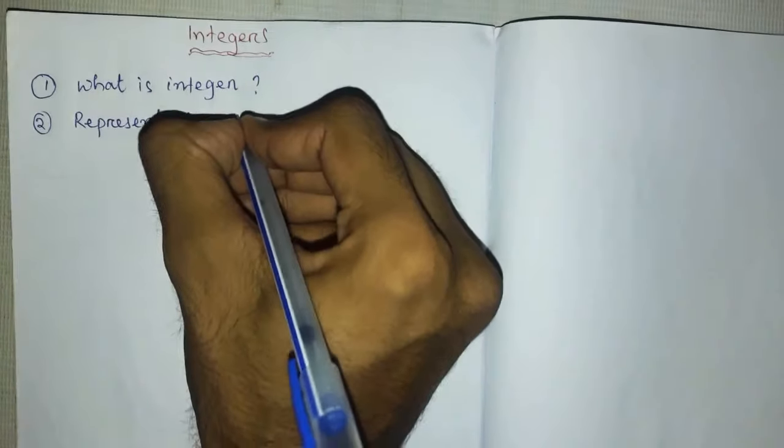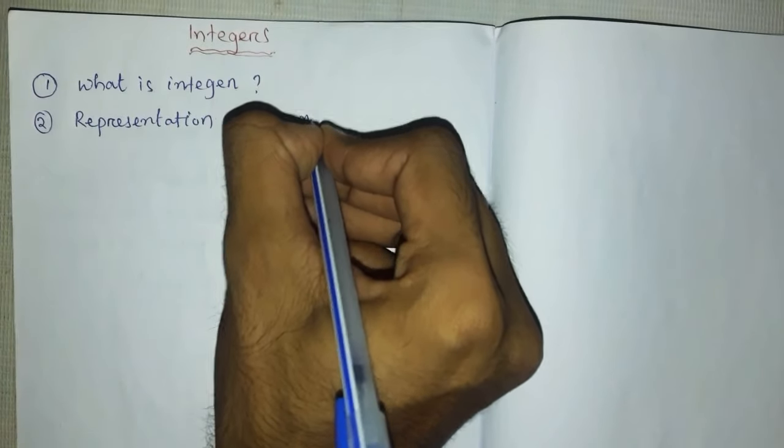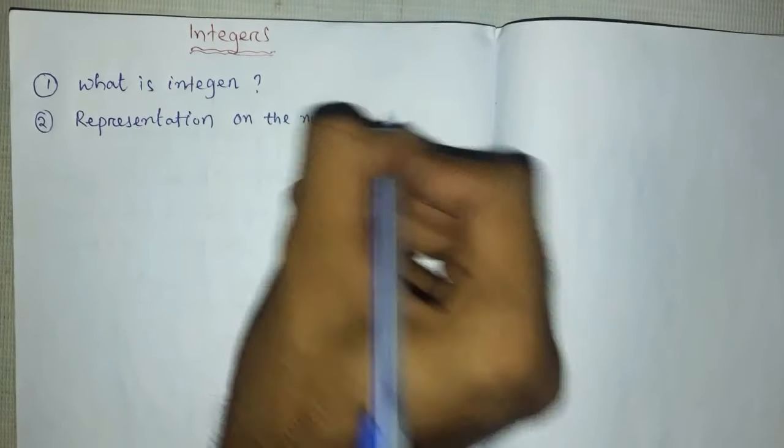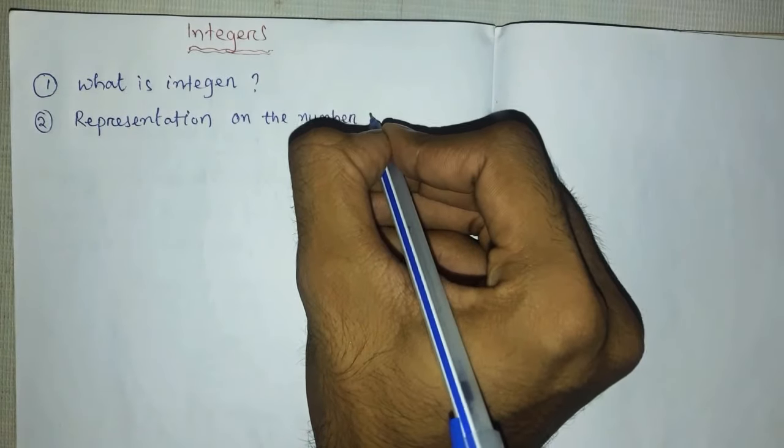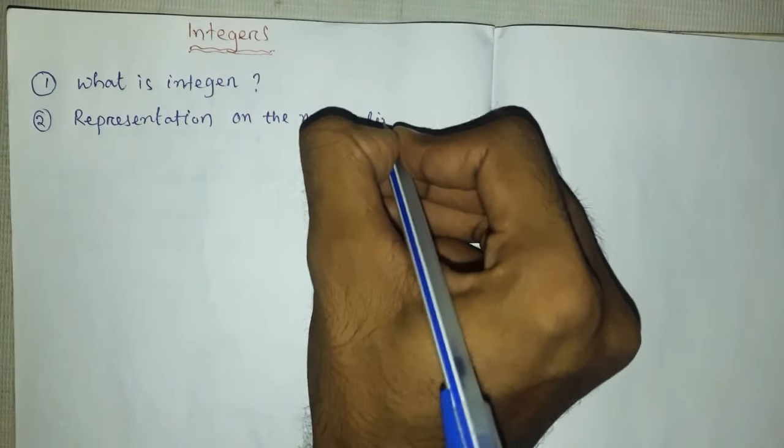on the number line, that is the representation of the integers on the number line.